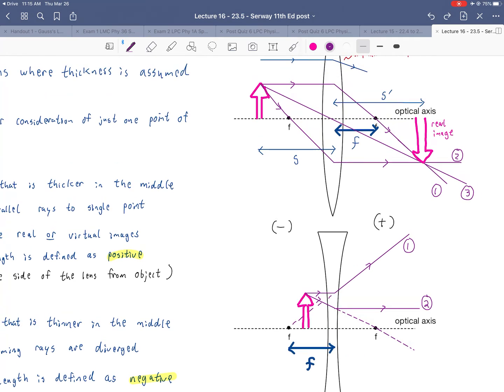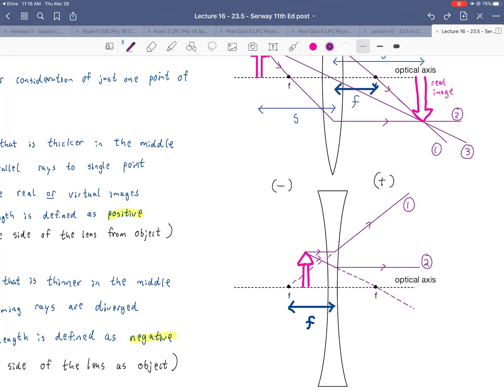And so when we're drawing our 3 principal rays, we always draw one ray that's parallel and then passes through the actual focal point of that lens. And then we draw another ray that passes through the opposite focal point of the lens and then comes out parallel. So for the diverging case, the one that came in parallel has to have a continuation that passes through the actual focal point.